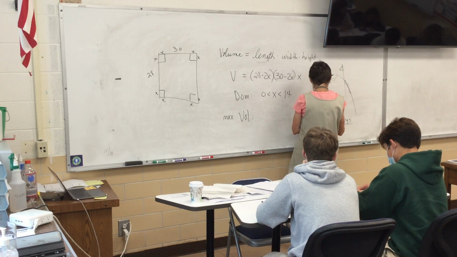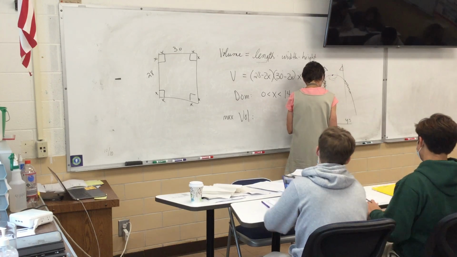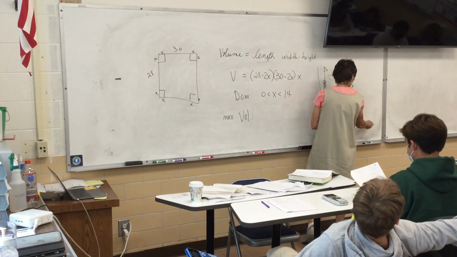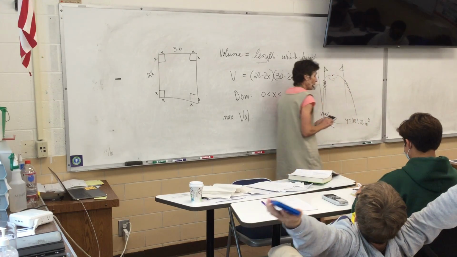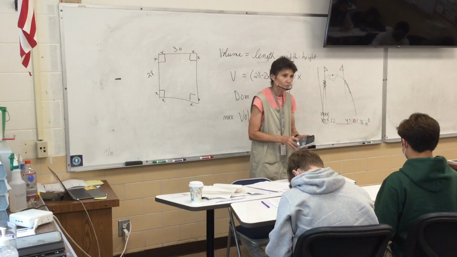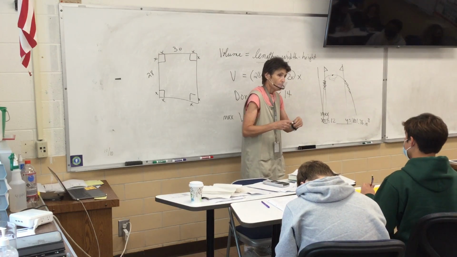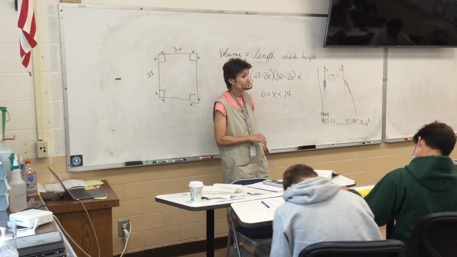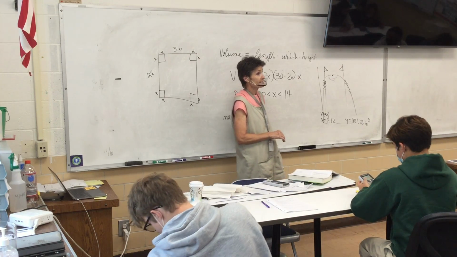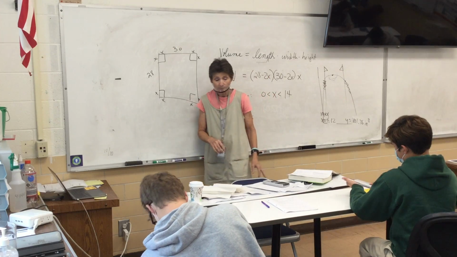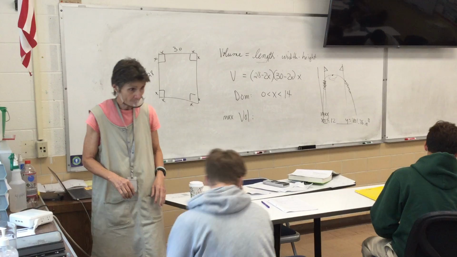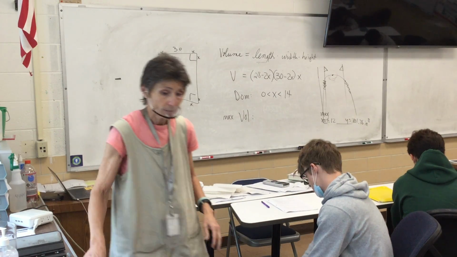Your X is 4.82, and your Y is 1801.76. So when we write our answer, maximum volume is a unit cubed. In this case, it's inches cubed. Please get in the habit of labeling your answer.